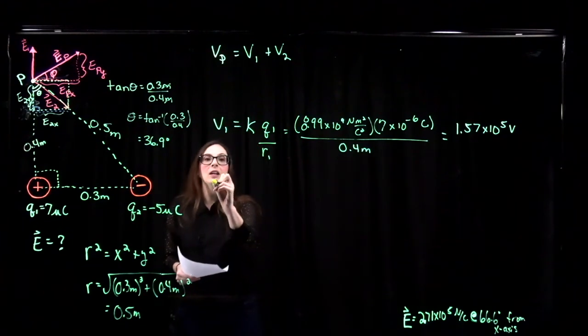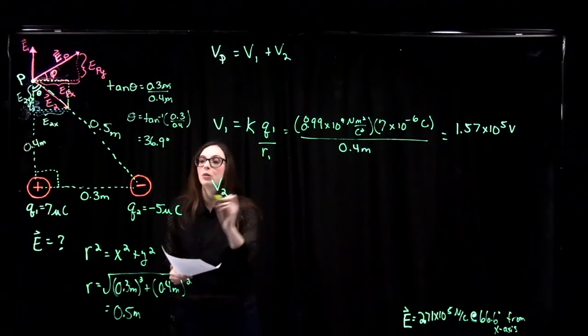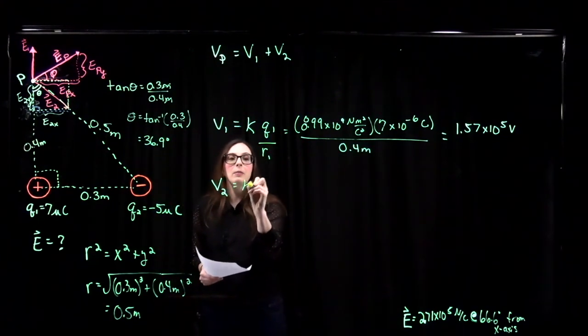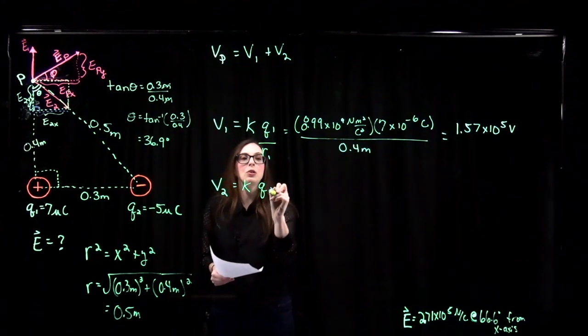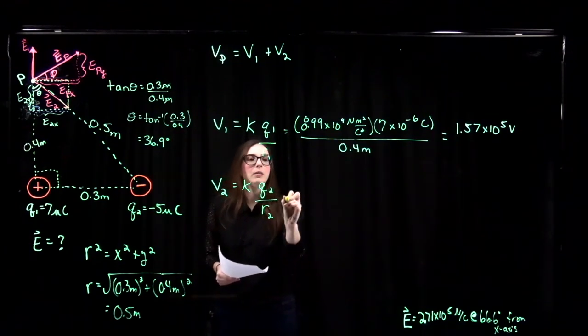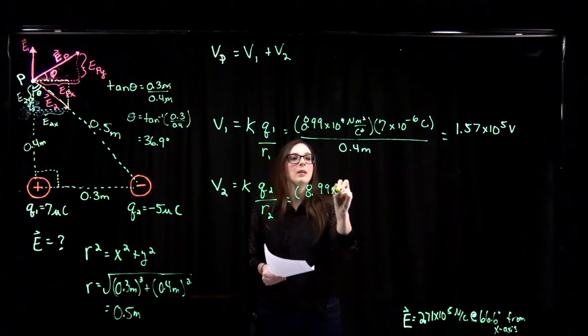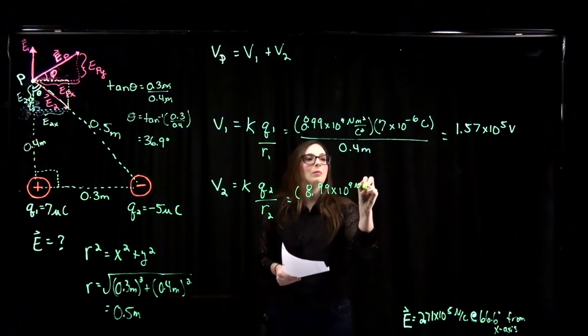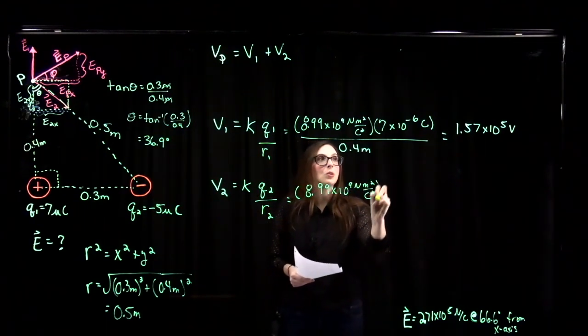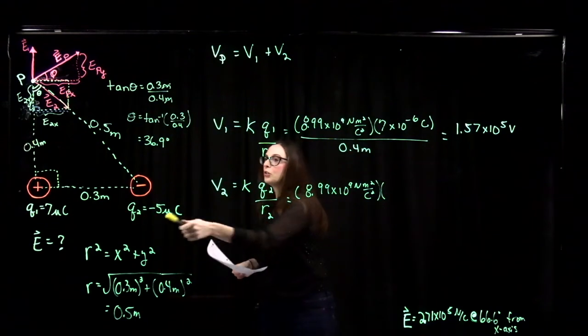Then to find the electric potential at point P due to charge 2, that's going to be K times Q2 over R2. So that's 8.99 times 10 to the 9 Newton meters squared over Coulomb squared times charge 2.